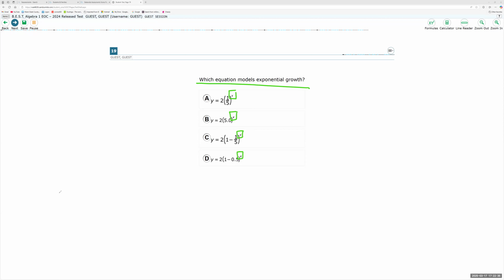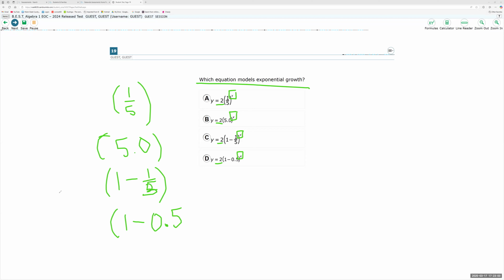We also notice that they all have a 2. That's what they have in common. So what's different is what's inside the parentheses. We have 5.0, we have 1 minus a fifth, which is 0.8, and we have 1 minus a half, which is a half.